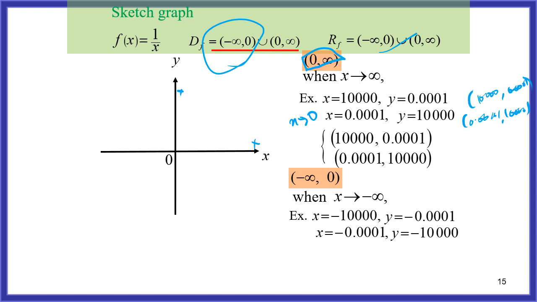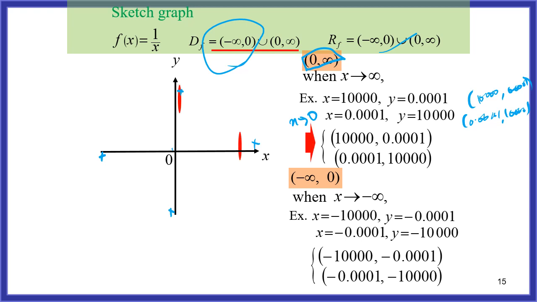One point is here, -10,000 will be on the left side of the graph, and y is really approaching 0. And then when x approaches -0.01 will be around here. So the y will be really big to the bottom. Negative, right? So the graph will be like this. Okay? So this is the basic shape of the graph of a reciprocal.